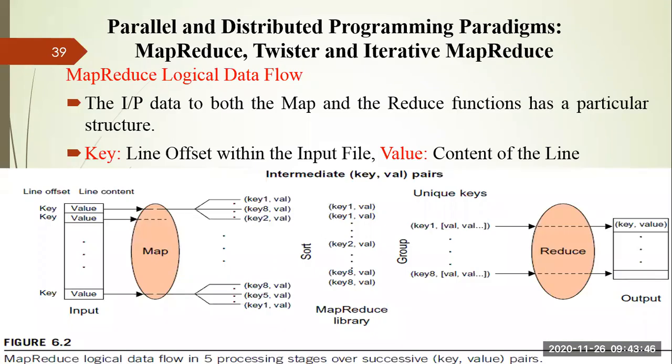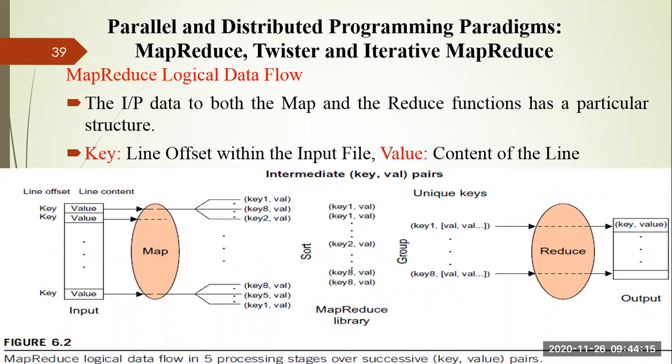Now come to the MapReduce logical data flow. The input data to both the map and reduce functions has a particular structure. You have a set of input files, and you take one row and give it to each and every map function. The key you are using here is the line offset within the input file.